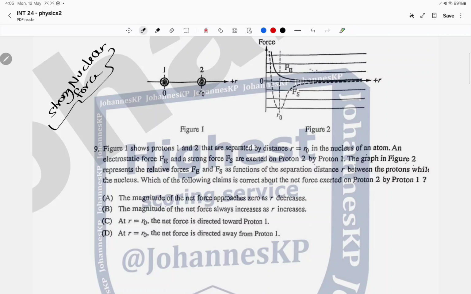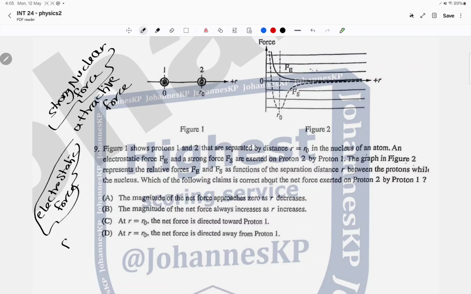Of course it's attraction. And how about the electrostatic force between two protons? They repel. It's going to be repulsive between two protons, right? Yes.